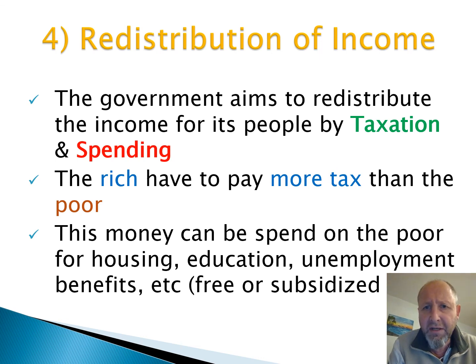Let's look at redistribution of income. Well, I'm in a lucky position because while I'm feeling peckish, I do have food in my cupboards. But there are people that are poor. In fact, logic will say there are more people poor than are rich. And of these poor people, they are very poor.